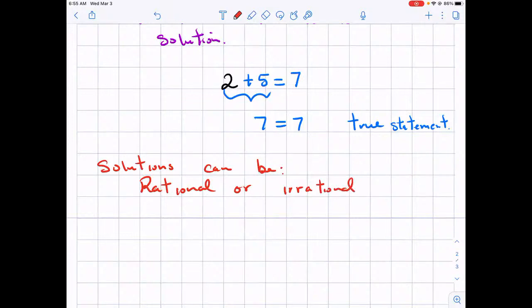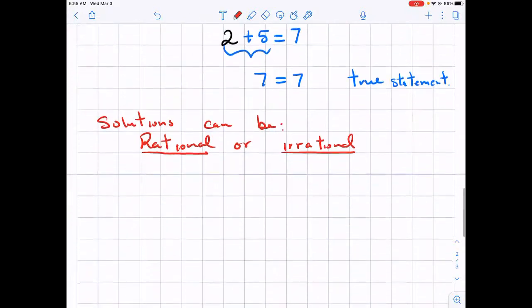So remember what a rational number is and what an irrational number is. Just to go over, rational is any number that could be written as a fraction p over q or a over b, and irrational numbers are numbers whose decimal does not repeat and is continuous. So keep in mind that those exist.